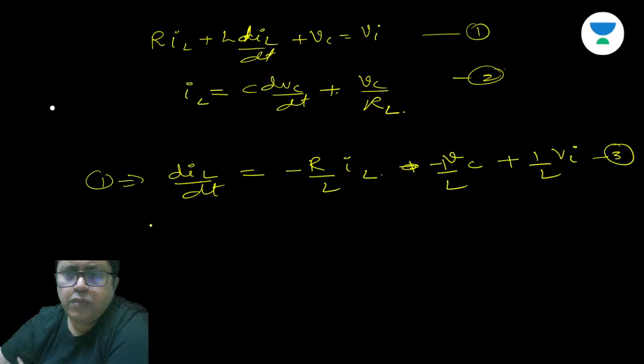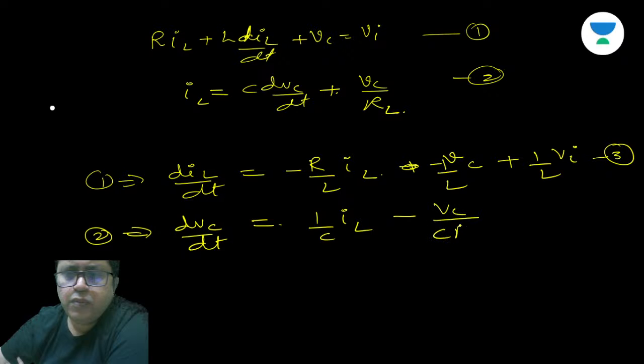This is equation 3. 2 implies dVc by dt is equal to 1 by C IL minus Vc upon C RL.